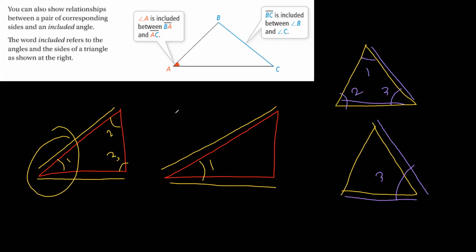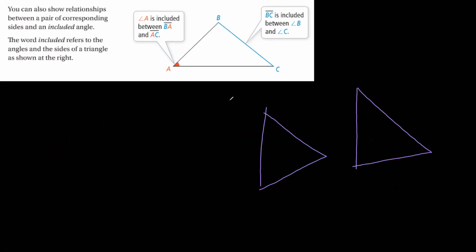Now, if you have these two triangles, and I tell you this side is congruent to this side, and this side is congruent to this side, and this angle is congruent to this angle, can I say that these two triangles are congruent?